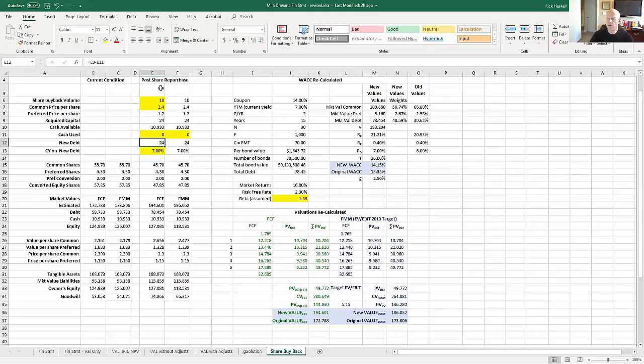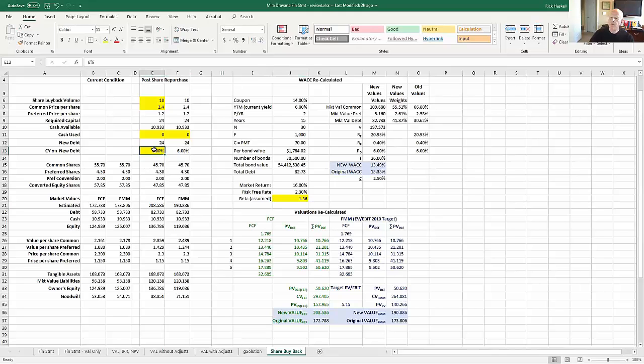And so we're going to borrow $24 million. And in this case, let me change the amount that we're borrowing it at to the current yield as it currently exists. And then we'll also change the beta back to the current beta. If you looked at the income statement, balance sheet, or the financial statements, you'll see it was 1.36.